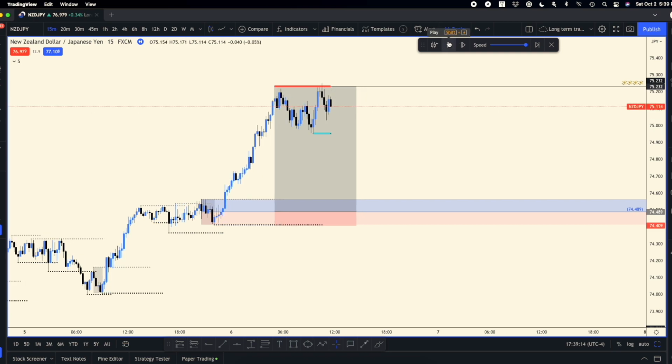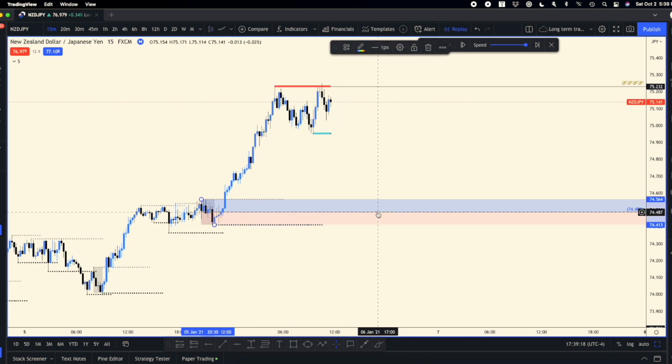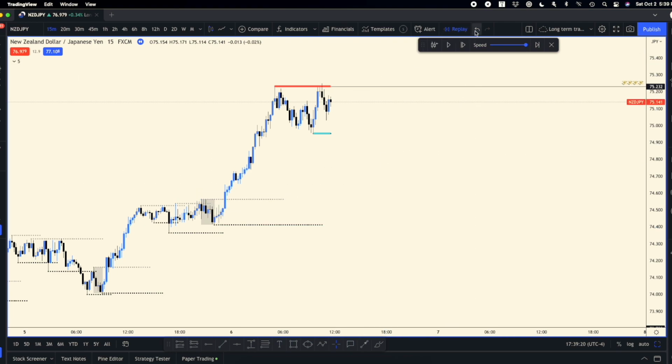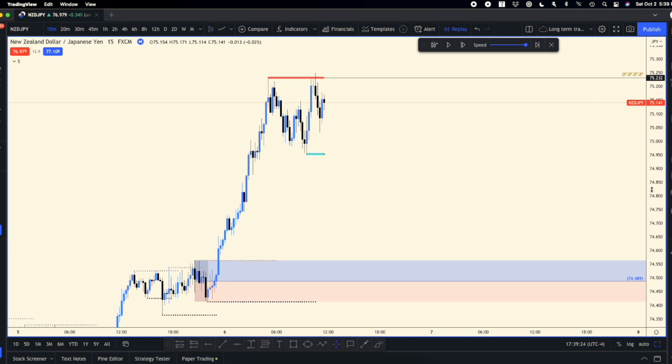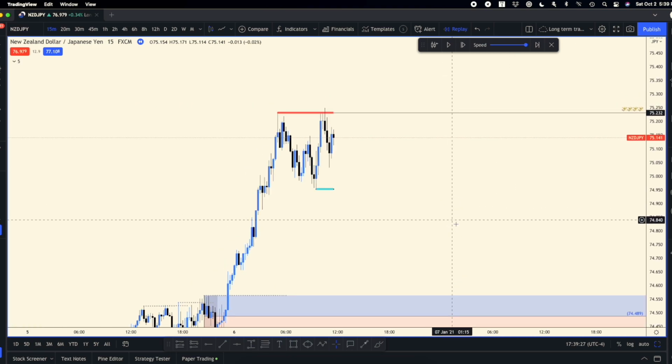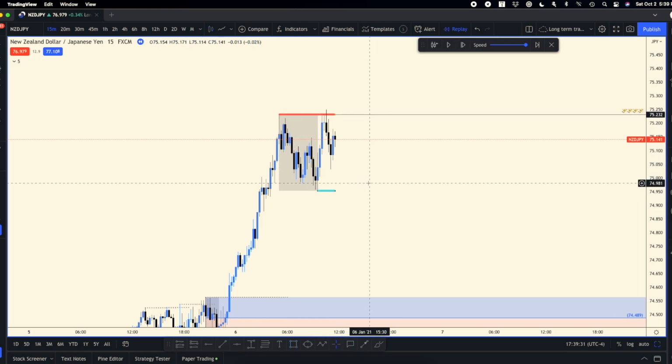All right, finally a pullback, and we trade what we see. Actually, I'll leave this point of interest down here. MB valid. It validated it with the wick.